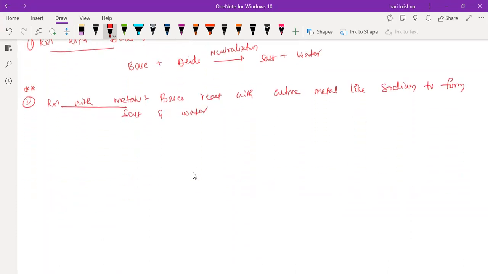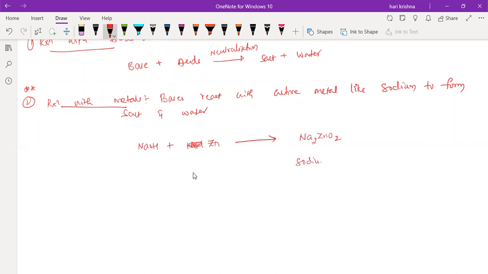So an example: take one base like NaOH plus zinc. What will you get? Sorry, metals, right? NaOH plus zinc gives Na2ZnO2, sodium zincate.